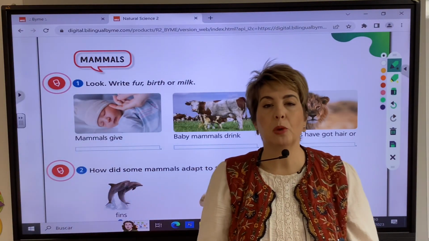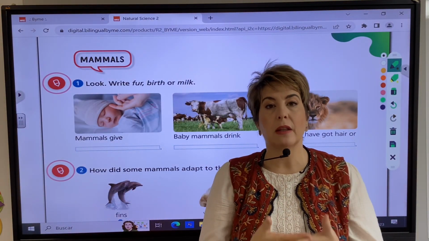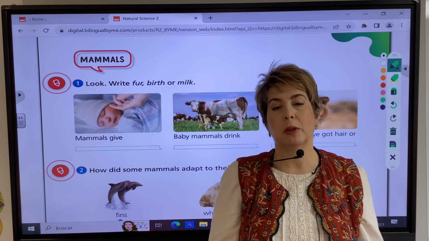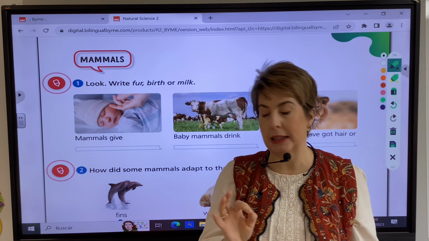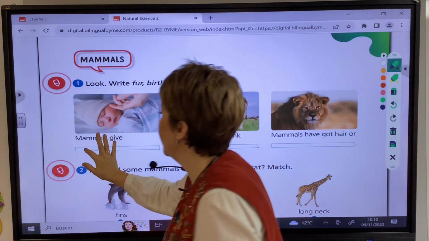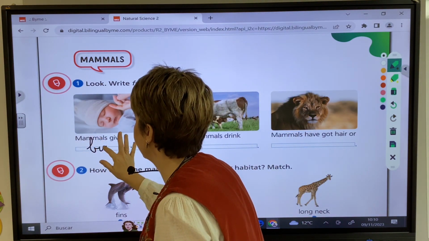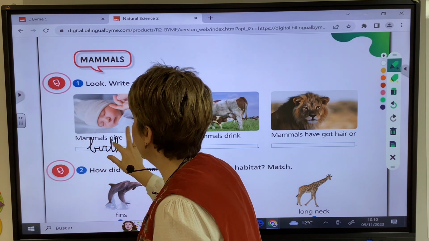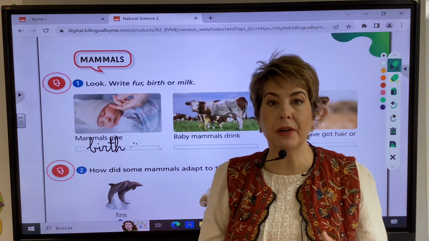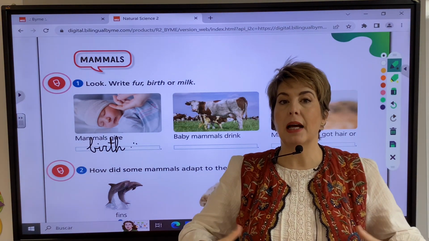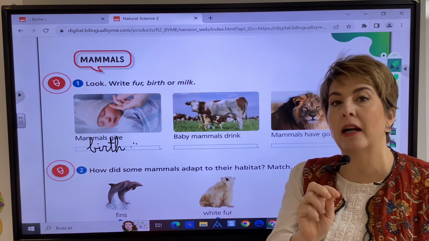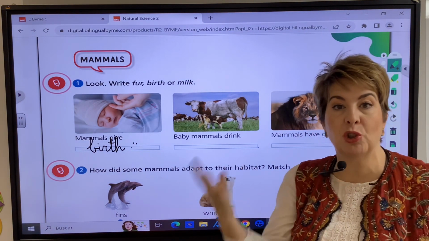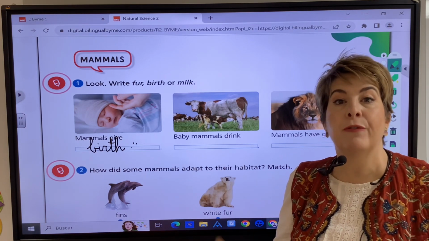The first group that we are going to study, the first group of vertebrate animals, is mammals. Mammals have several characteristics. Mammals give birth from the mother, okay? The mother has the baby inside and it gives birth. There are only 2 mammals that are oviparous, but the majority of mammals are viviparous.